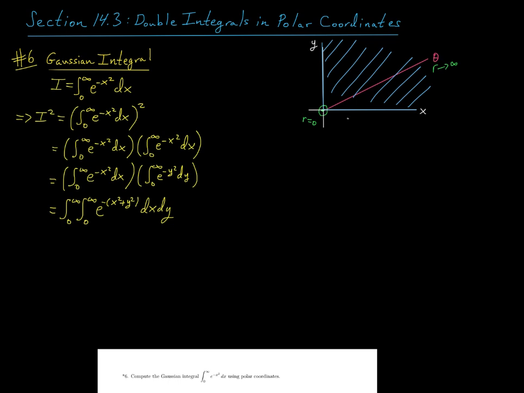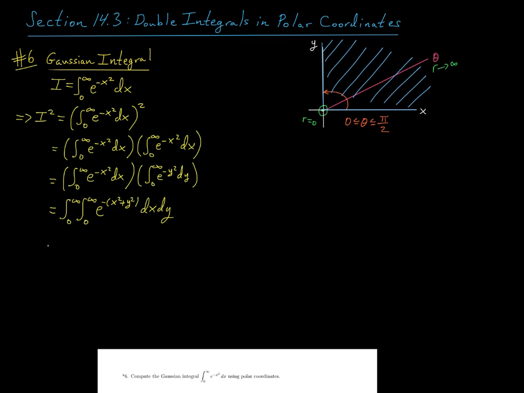So the bounds there on r will go from 0 out to infinity, and theta is going from 0 to pi over 2. So we can describe the region in polar.